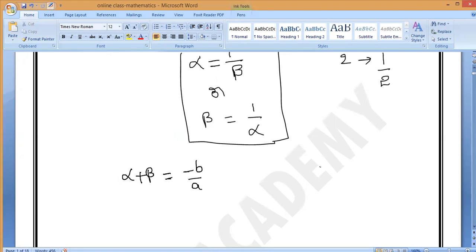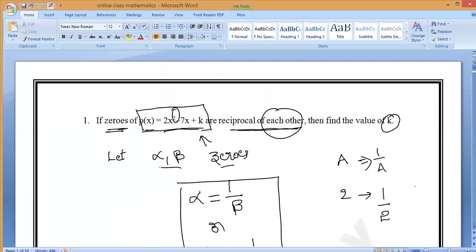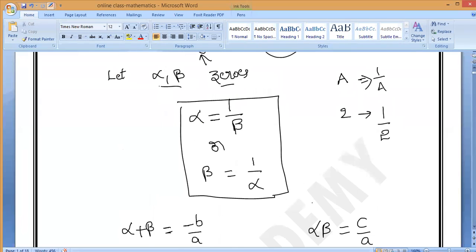And the product of the zeros: alpha into beta equal to c by a. We have to find the k value. K means the constant, correct? That is c. Which equation do we need?